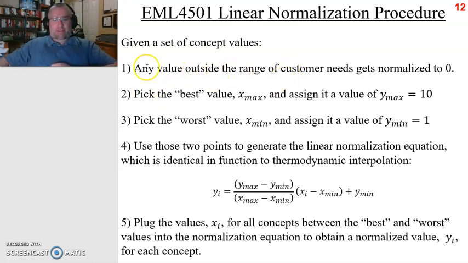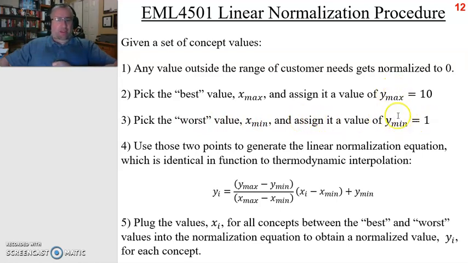The next step, after you've zeroed out all of those concepts that don't meet the customer needs, is you pick the best value, which in your particular data set for this particular concept is x max, and you assign it a value of y max equals 10. Then in step 3, you pick the worst value, and you assign that a value of x min, and then you assign its corresponding y min value to 1.